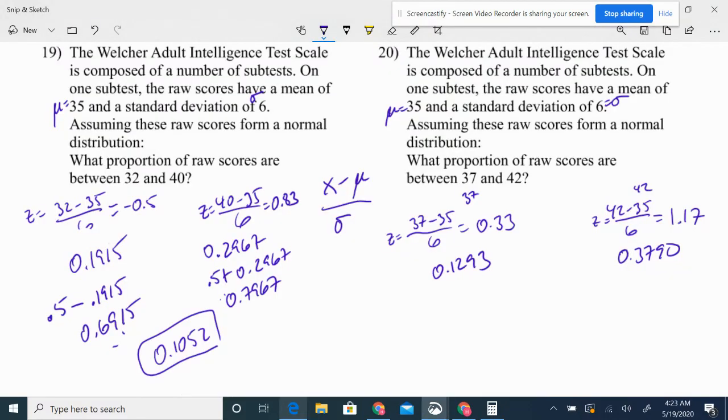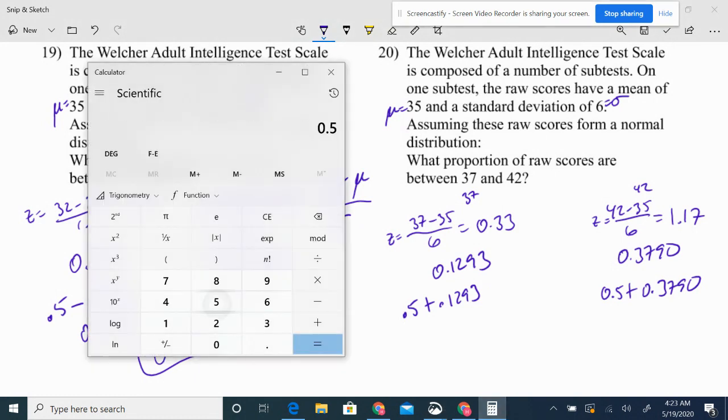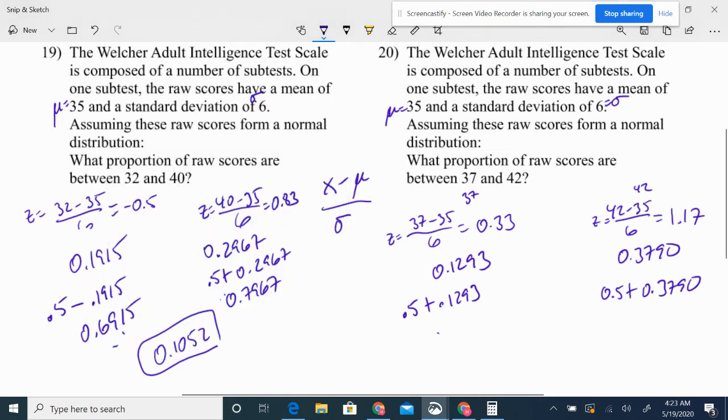Okay, so let me find the percentiles of each. I'm just going to go 0.5 plus 0.1293. And here I'm going to go 0.5 plus 0.3790. I'm adding in both cases because both cases have a z-score that is positive. So 0.5 plus 0.1293 gives me 0.6293.